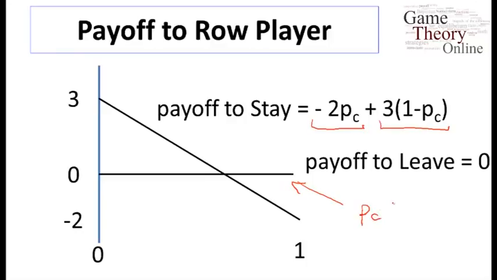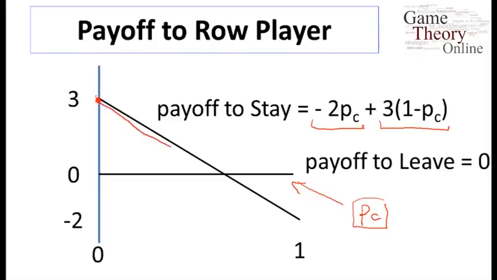If that's 0, then the payoff to stay is going to be 3. So we start up here at 3, and then as the column player stays with higher and higher probability, the payoff to staying for the row player goes down, because there's more and more of a chance that they're going to stay when the other player is staying.